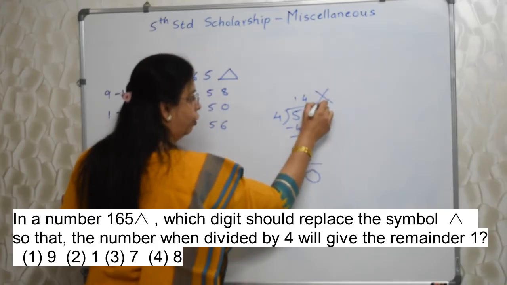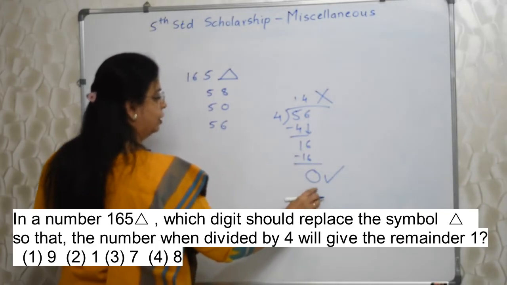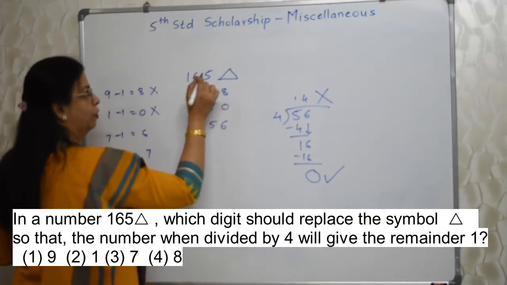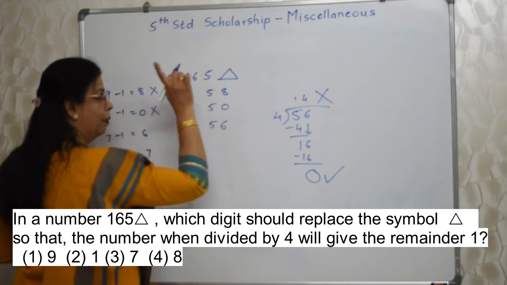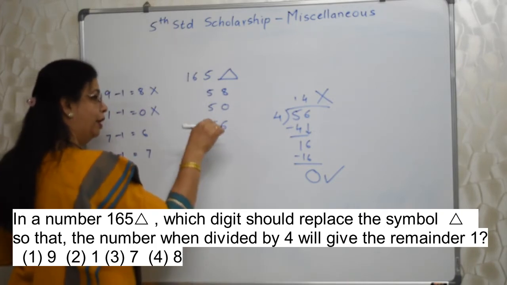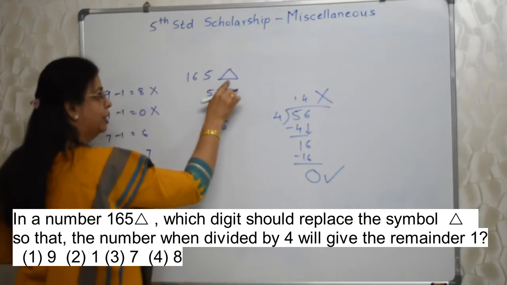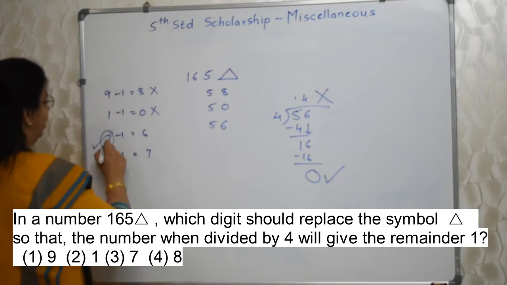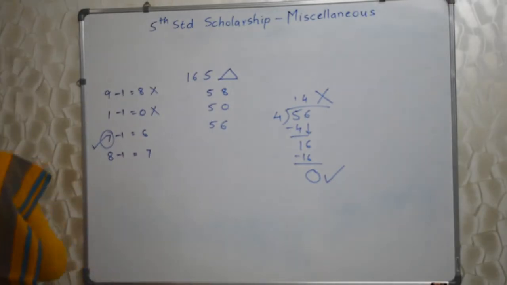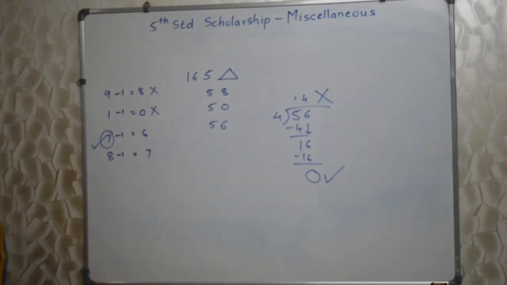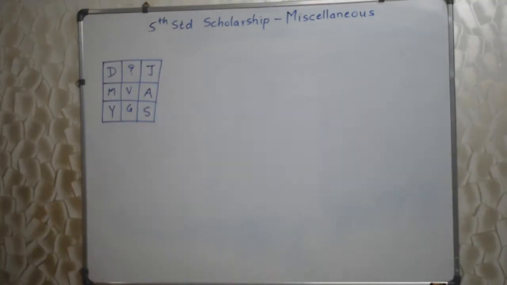Here the quotient is of no use, only the remainder. If this is 0, it means yes. When we put 6 here, 1656 is completely divisible by 4. But since they have one remainder, one extra, it won't be 6, it will be 7. So the correct answer is this, 7. We have made this 6 by removing the extra. Please be careful. Let's move ahead.